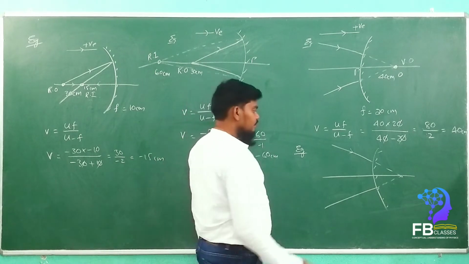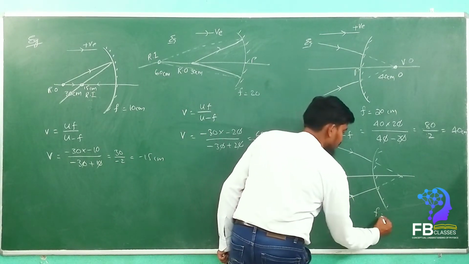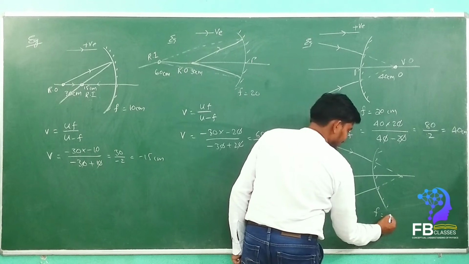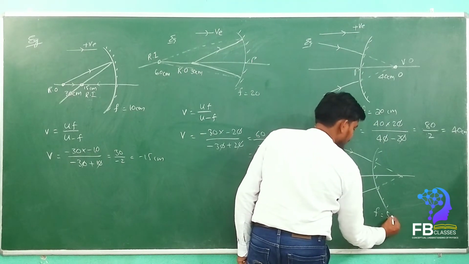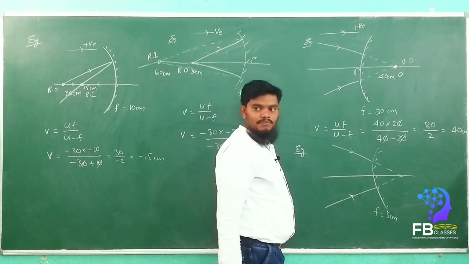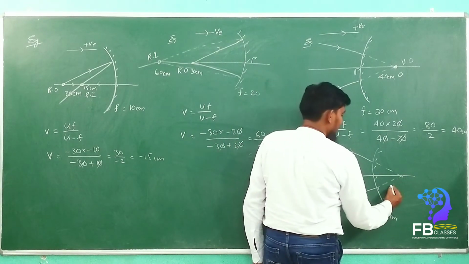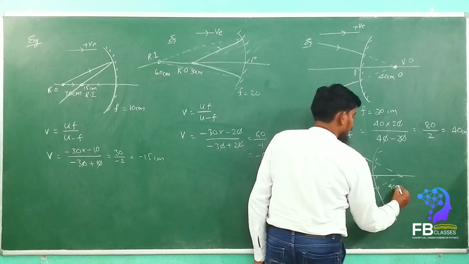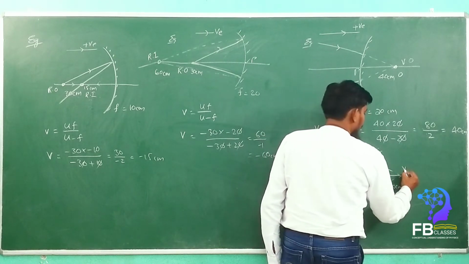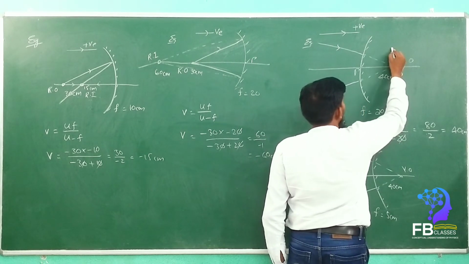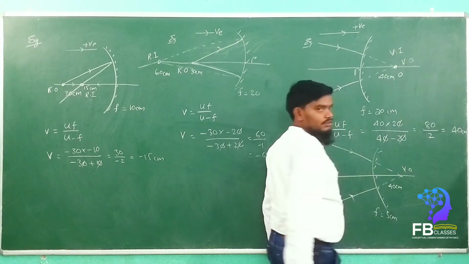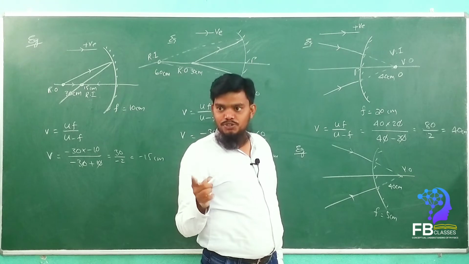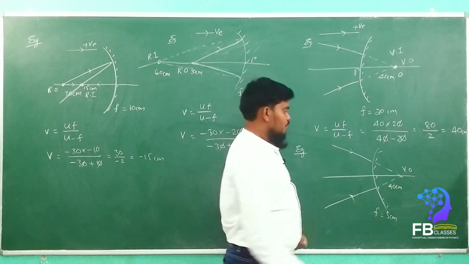So let F be 5 centimeters instead of 20, and let the object be 40 centimeters. Is it a real image or a virtual image? Virtual image only.